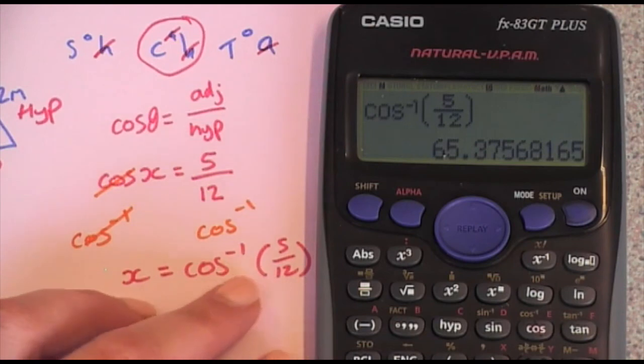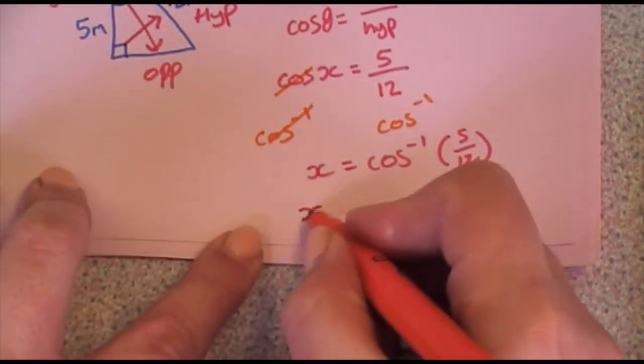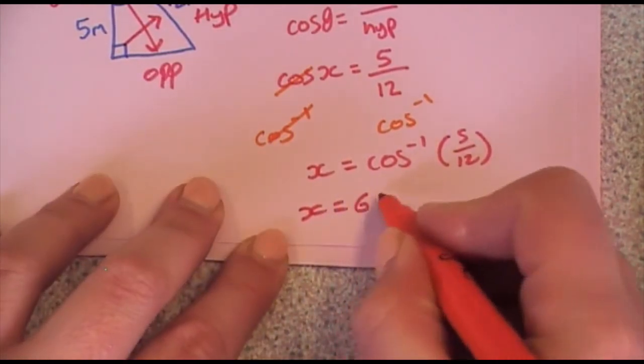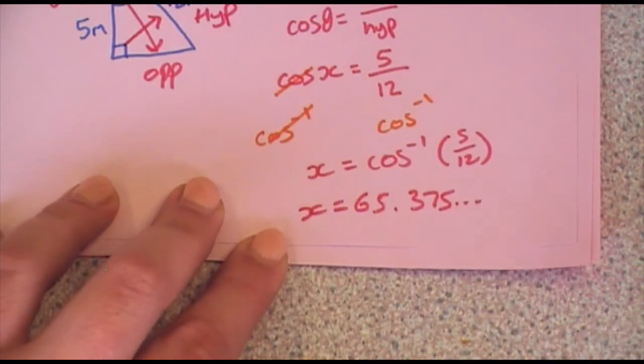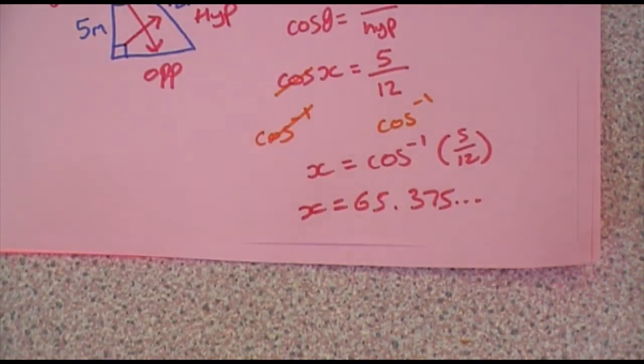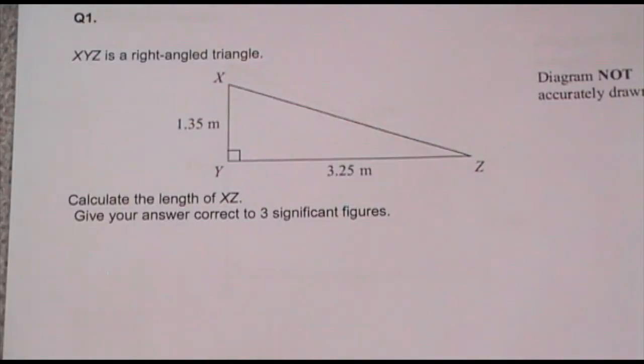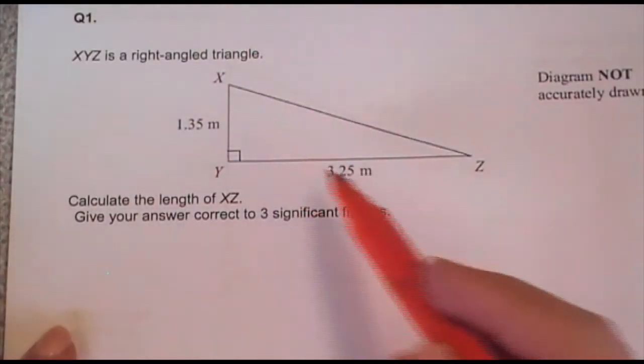Then I press equal, and that gives me 65.375, blah, blah, blah. So x equals 65.375, and so on. In an exam, they will tell you a degree of accuracy to which that needs to be rounded.